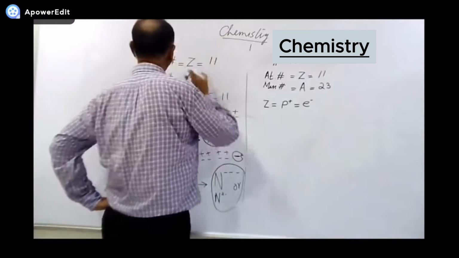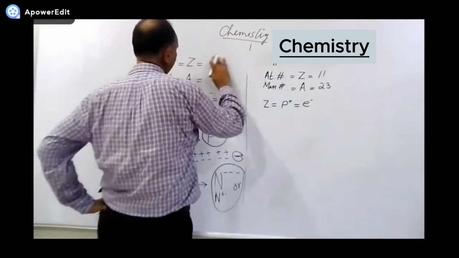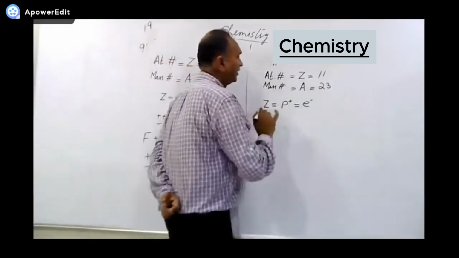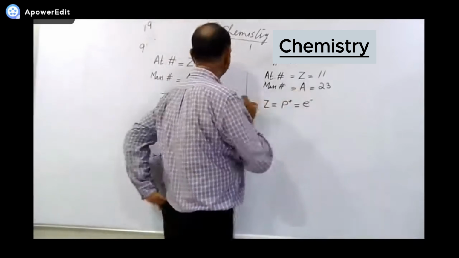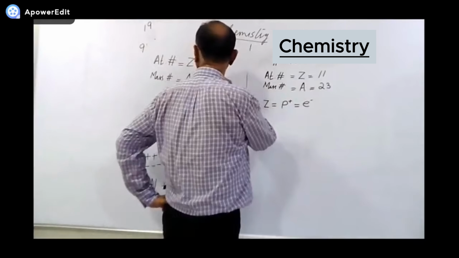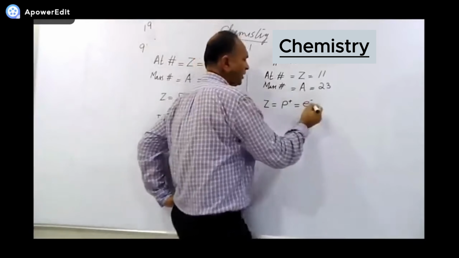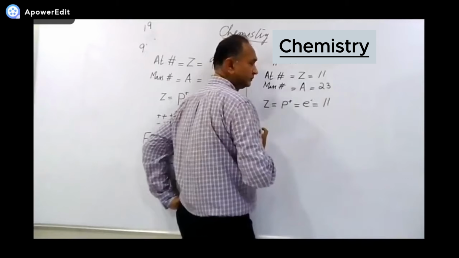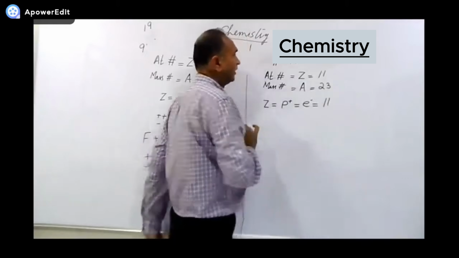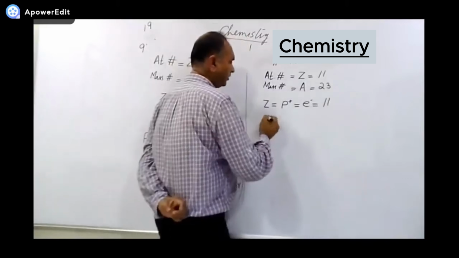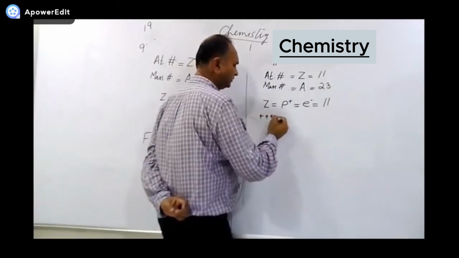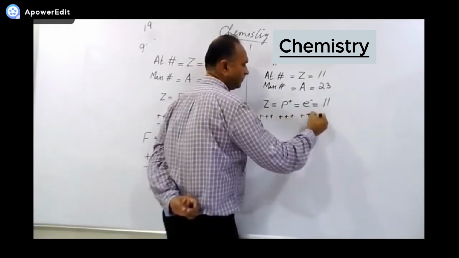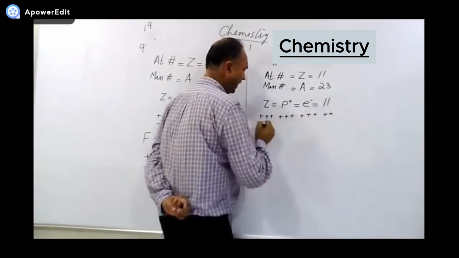Now see what is the value over here? 11. Now it has 11 protons and 11 electrons.